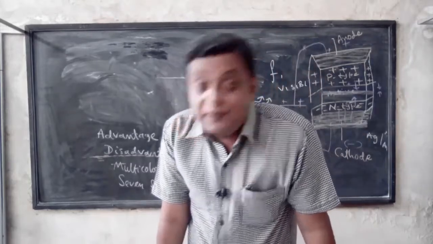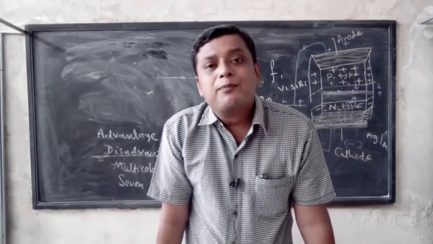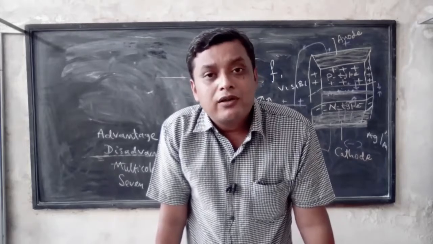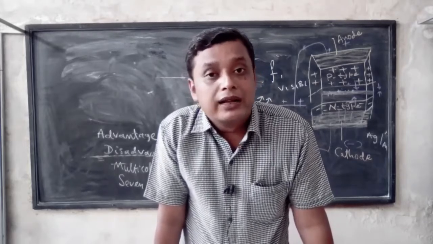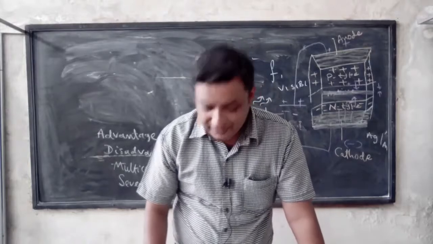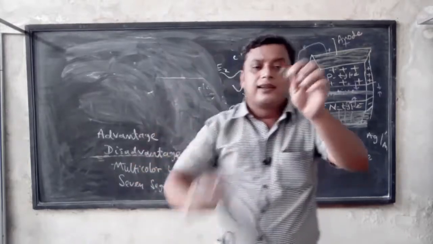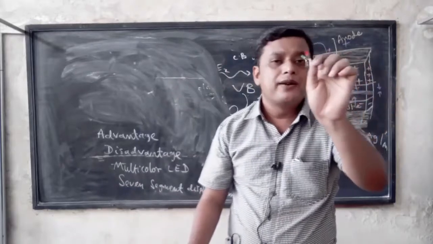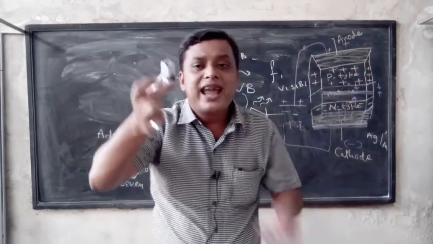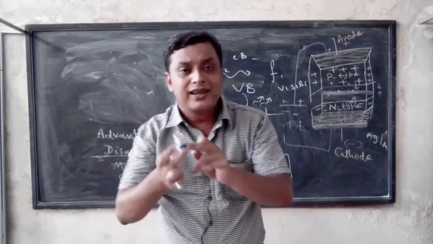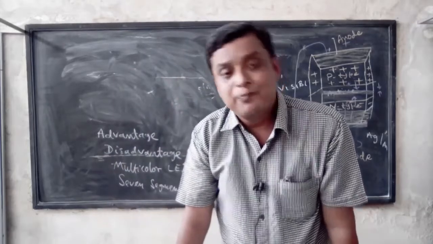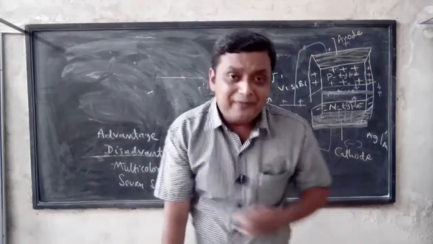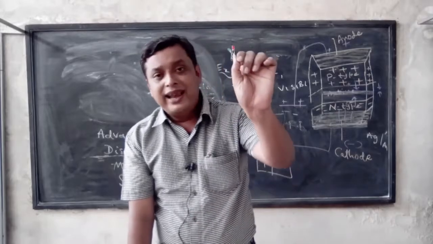A tungsten filament bulb will require more power, more voltage, more current. This LED can be used if I am connecting a battery, say a 9 volt battery. If I am using a 3 volt battery or a 1.5 volt battery, then I am able to glow this LED.